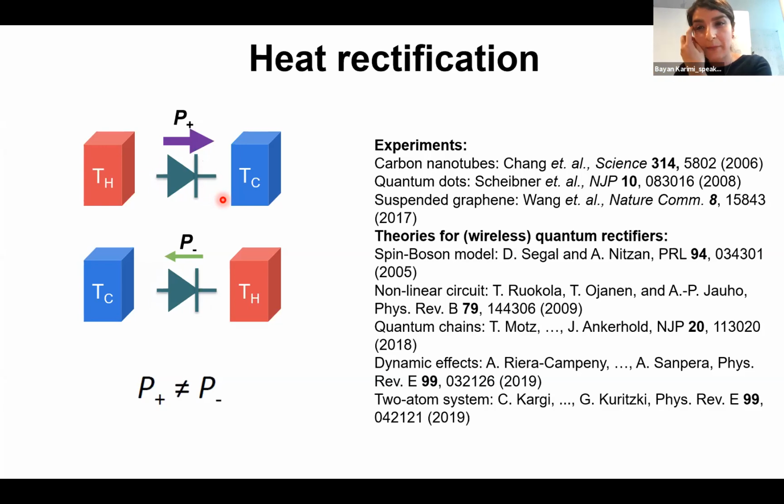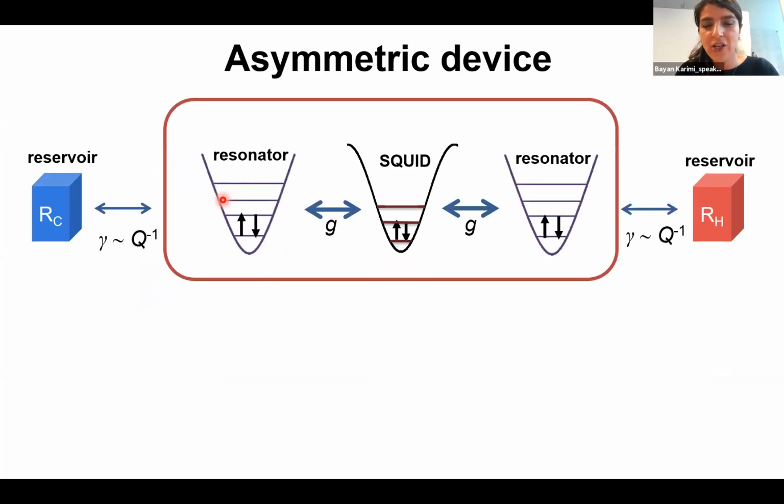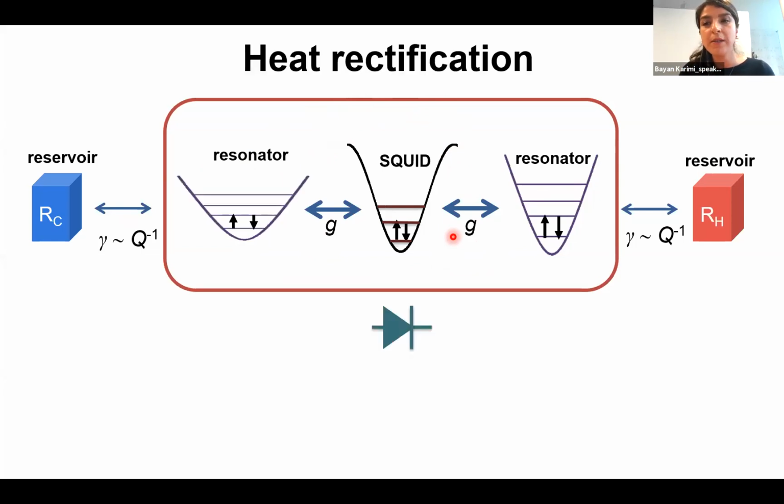There are a few experiments that show rectification in this kind of setup. The main thing is that the system shouldn't be symmetric and it should be nonlinear, so the qubit should really act as a nonlinear element. And if you want to boost the rectification ratio, we can make even more asymmetry in the system, so not having equal coplanar waveguide resonators, but making them different.